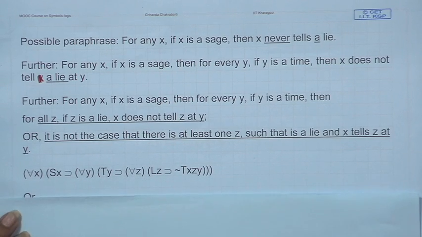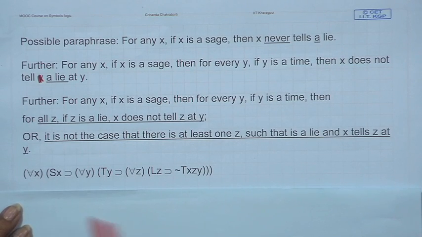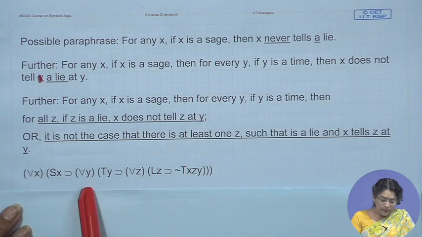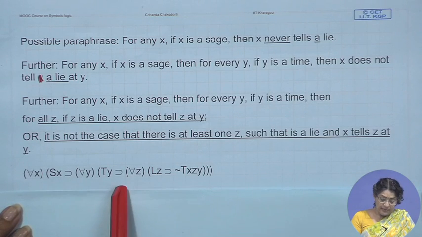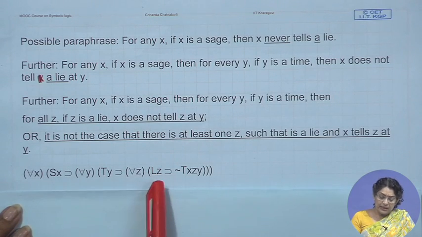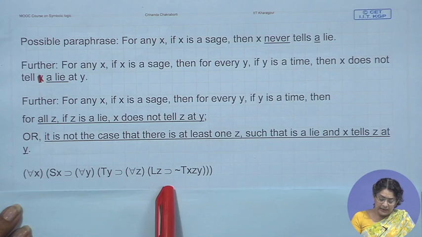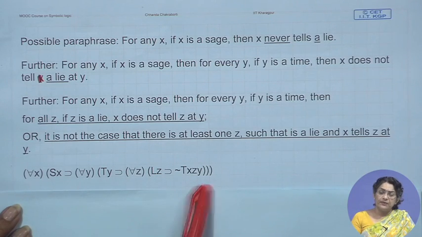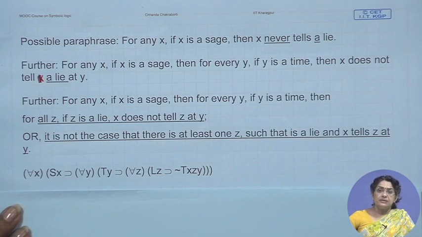The translation may look like this: for all x, if x is a sage, then for all y, if y is a time, then for all z, if z is a lie, then x does not tell z at y, right? Or we said its equivalent.